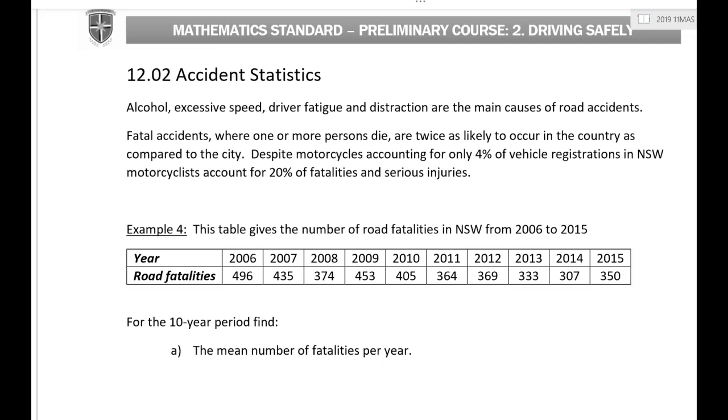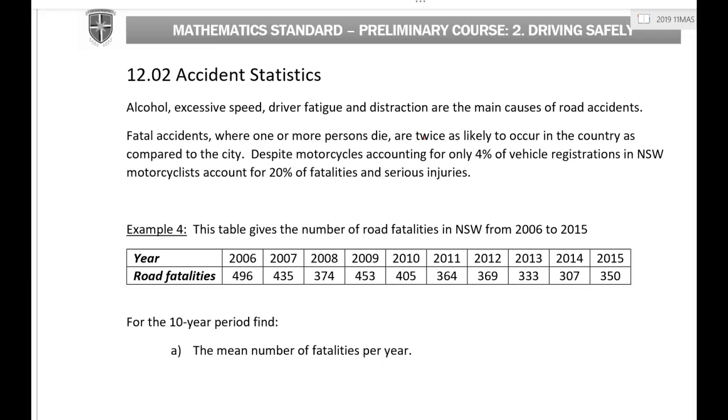Just a couple of little bits of trivia here, not that it's trivial. You are twice as likely to have a fatal accident in the country compared to the city, and yet you are twice as likely to live in the city in New South Wales. Two thirds of all people live in the city, and yet two thirds of all fatal accidents occur in the country.